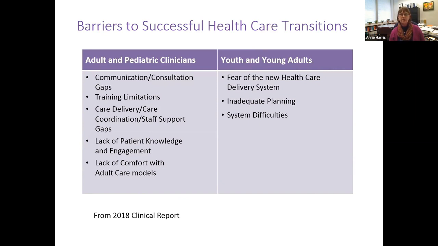So care coordination continues to be a problem. Big message there. They acknowledge and did affirm the fear of a new healthcare system, unfamiliarity with adult health providers and the way they practice as a barrier for youth and young adults, and not having enough support in planning for that transition. This is also where the adult clinician barriers have been identified. Again, the report includes a lot more information for each of these bullet areas if you're interested in that.